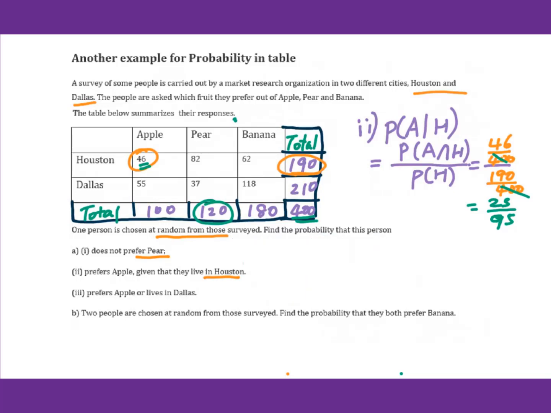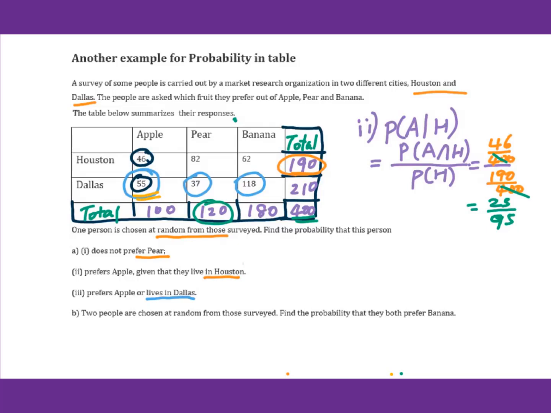Prefers Apple or lives in Dallas. How many people prefer apples? That is 46 and 55. How many people are living in Dallas? We have 55, 37, 118 people. Then you could say 55, you add twice.